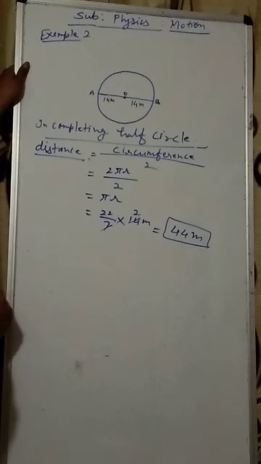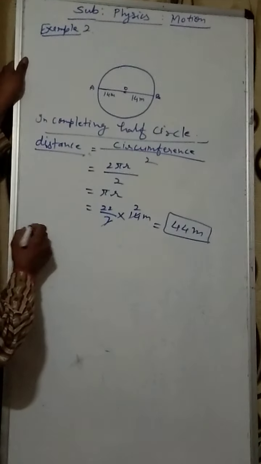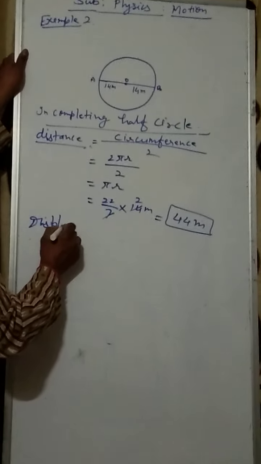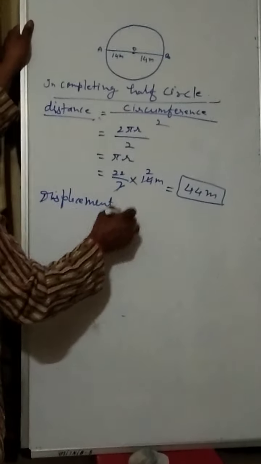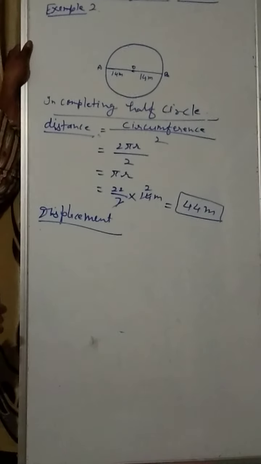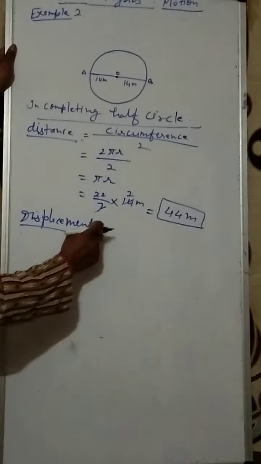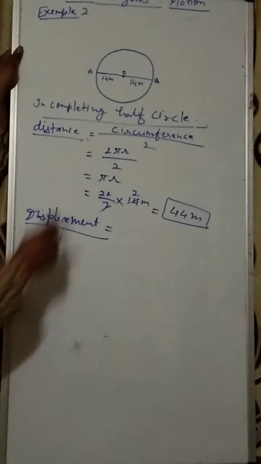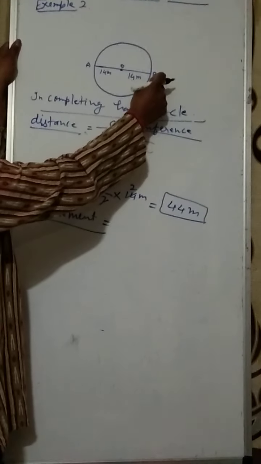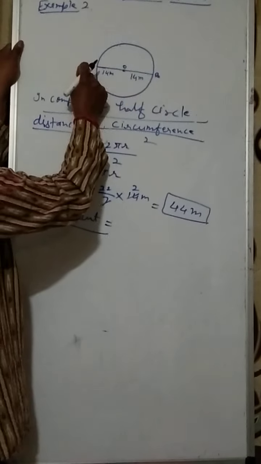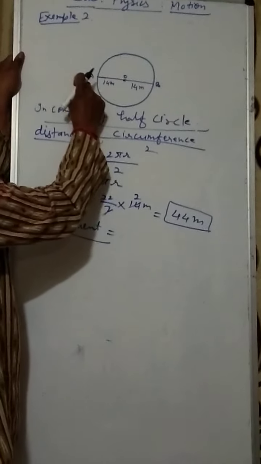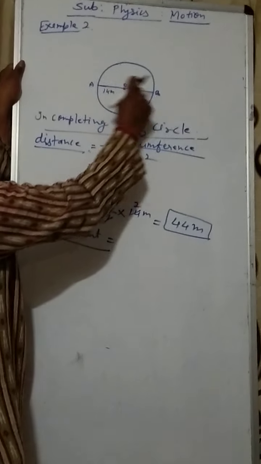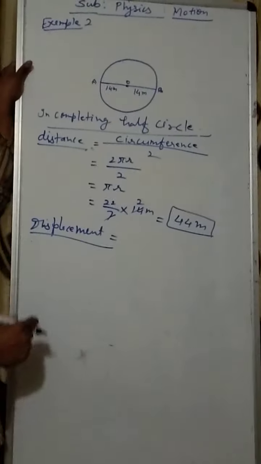Now displacement. We talk about the displacement in the half circle. Displacement is the shortest distance between the initial and final point. Initial point is A and final point is B in the half circle. So the shortest distance is always a straight line. The straight line is A to B. This is the diameter of the circle.